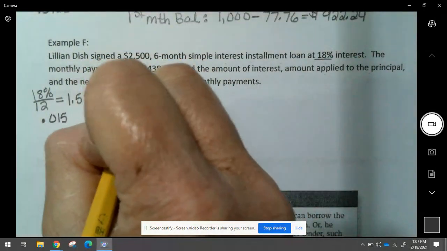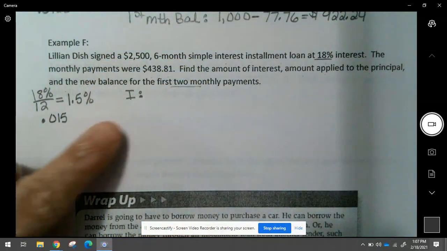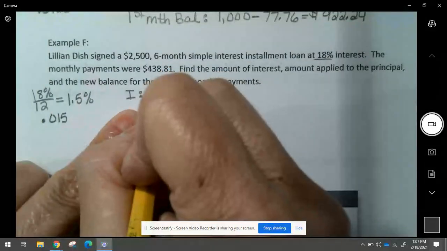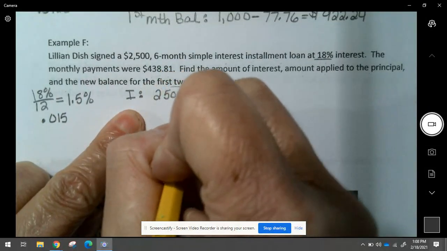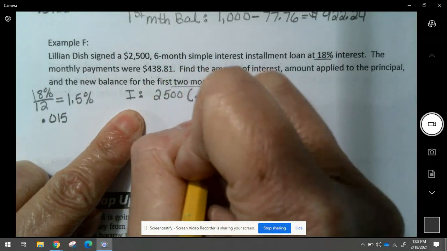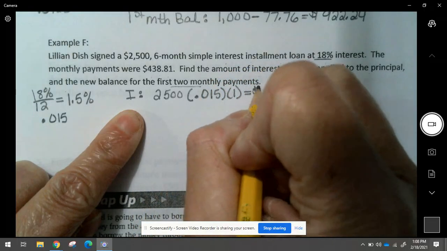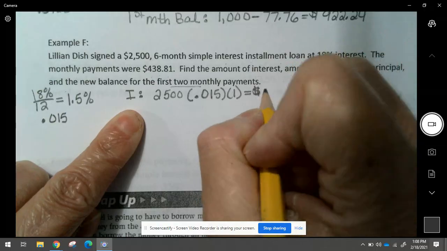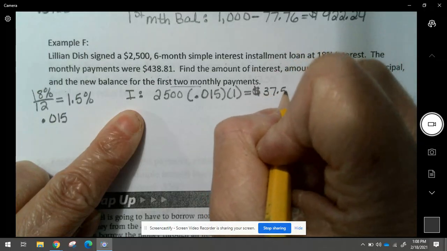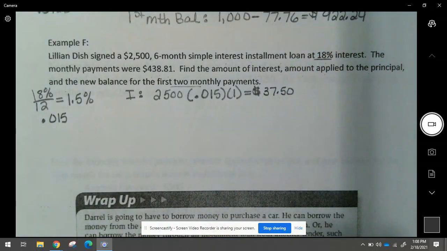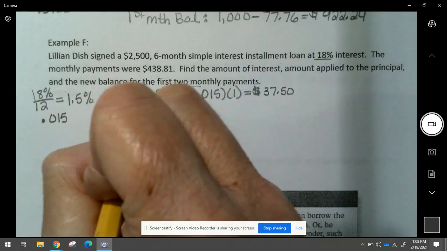The first thing we need to do is calculate our first month's interest. We take our principal, $2,500, times our rate, and it's 1 month right now. That's all we're looking for. And our interest on this one is going to be $37.50. Now I'm going to calculate my amount that's going to come off of the principal.